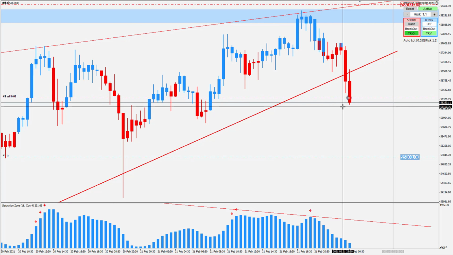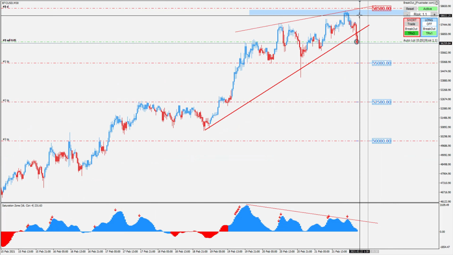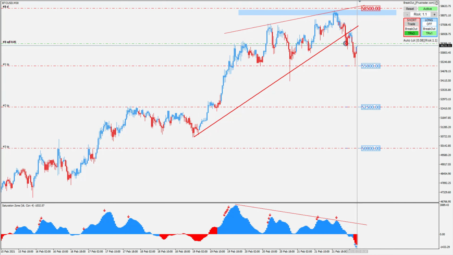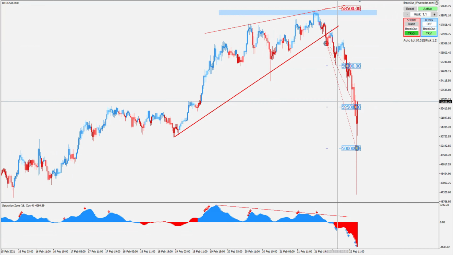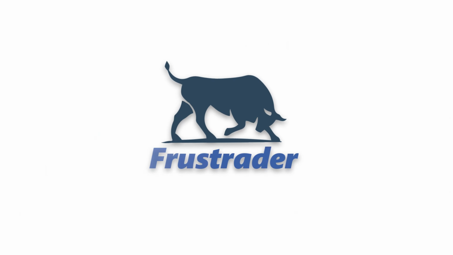As you can see, the price finally succeeded in diving lower and trades were opened. Following the momentum, 3 take profits are hit. Good luck with your trades.